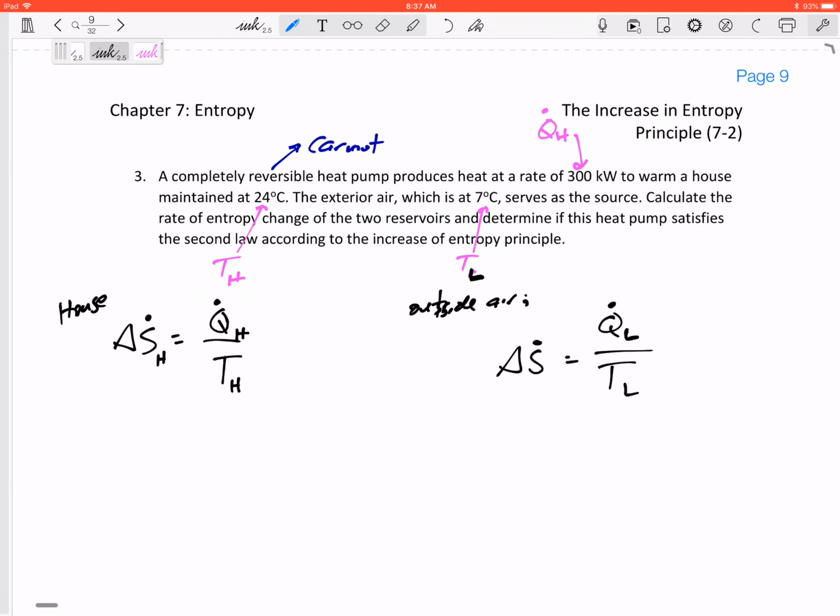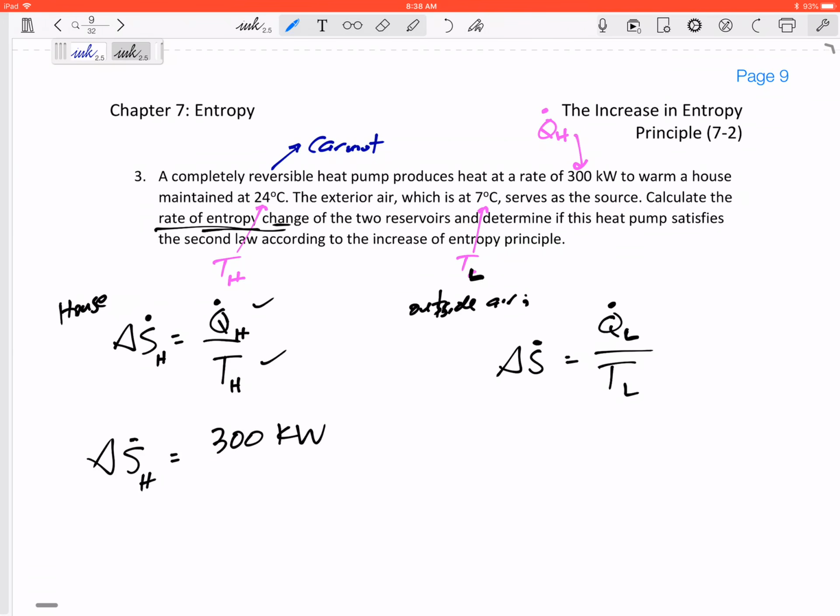All right, so it asks us to find the rate of entropy change of the two reservoirs. So we need to find the delta S dot of the house and delta S dot of the outside air. We actually know QH and TH, so we can quickly find the delta S dot of the house. The QH is 300 kilowatts.